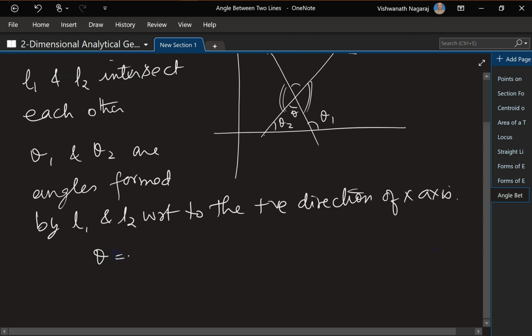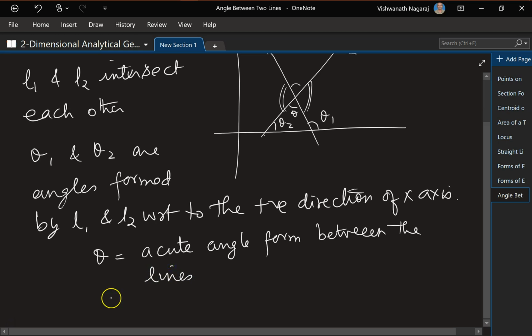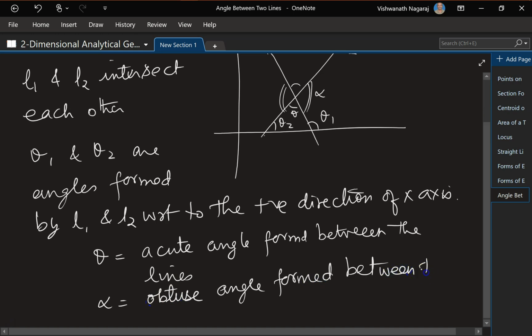Now theta is the acute angle formed between the lines. Alpha is the obtuse angle formed between the lines.